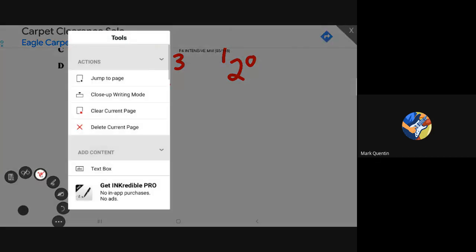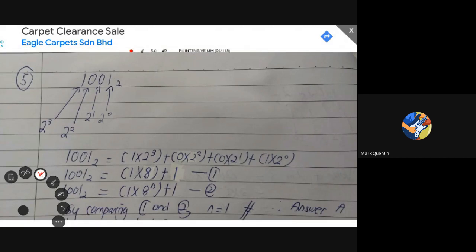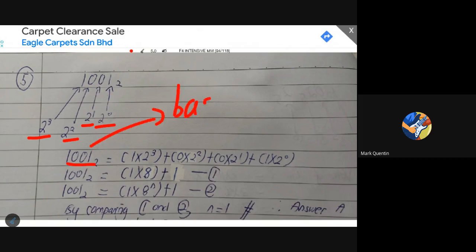Okay, so it's like this. So you have to identify the place value of the numbers first. Kenal pasti kedudukan semua nombor. Okay, so then you do the expansion. Convert this number to base 10. Cuba tukarkan nombor ni dari asas 2 ke asas 10.